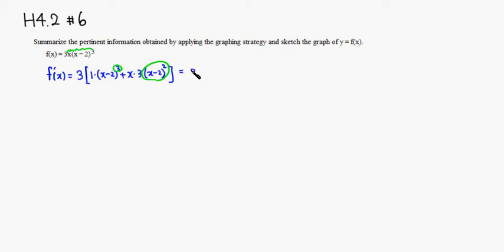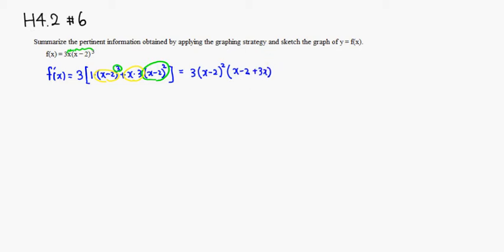So 3 is already out. Then we have (x - 2)^2. What's left is another x - 2 from here, so we took care of that, and then we have 3x, so plus 3x.